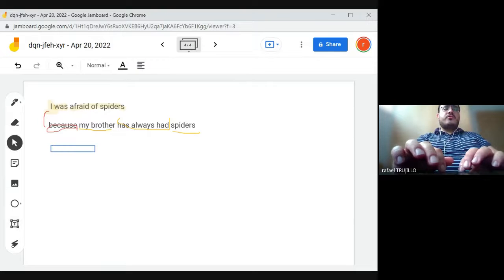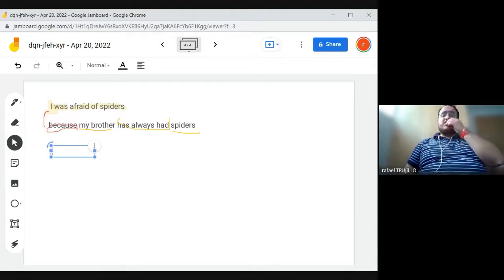Then let's go for the third sentence. So, I was afraid of spiders because my brother has always had spiders. See, I don't have to give any other information. That is enough information. I can give more information, but let's go for the next part.